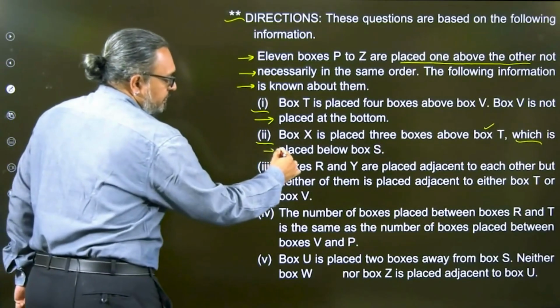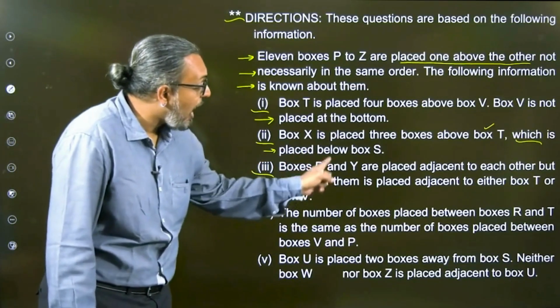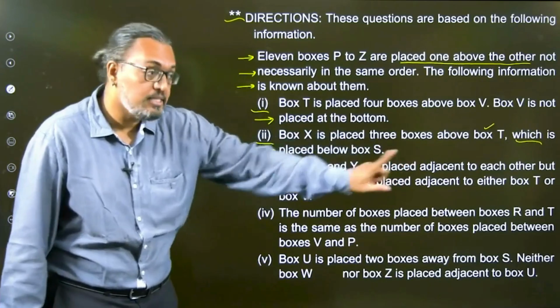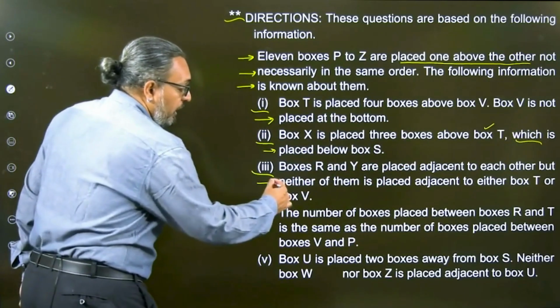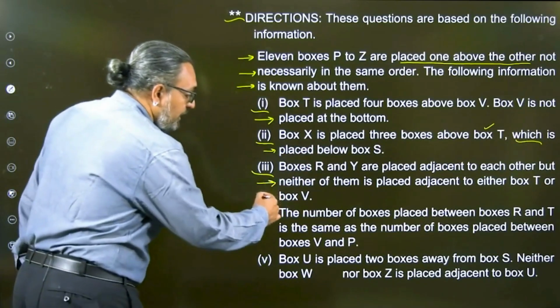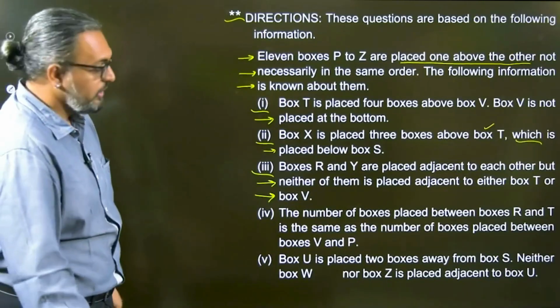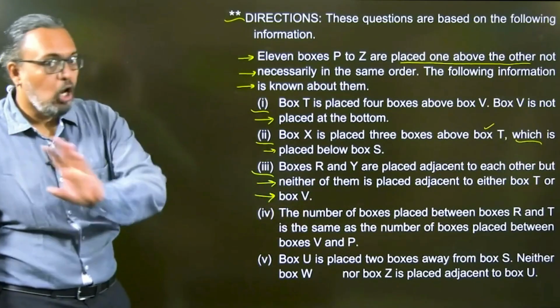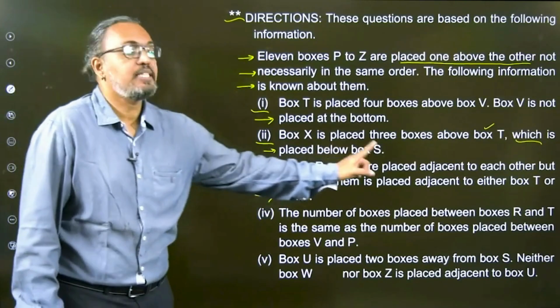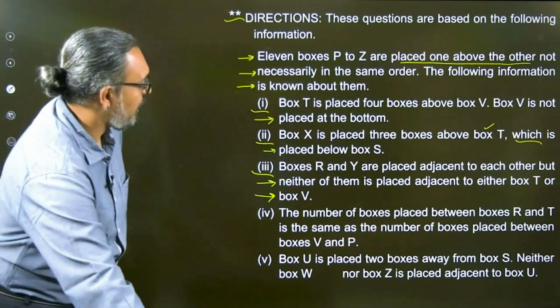Okay. Then next, condition number 3. Boxes R and Y are placed adjacent to each other, but neither of them is placed adjacent to either T or V. So R and Y are adjacent to each other, and neither of them, means not R, not Y, is adjacent to either T or V. Okay. R and Y are adjacent.